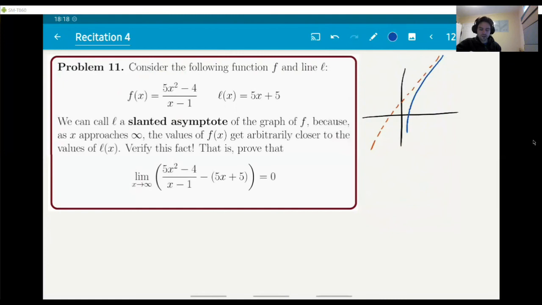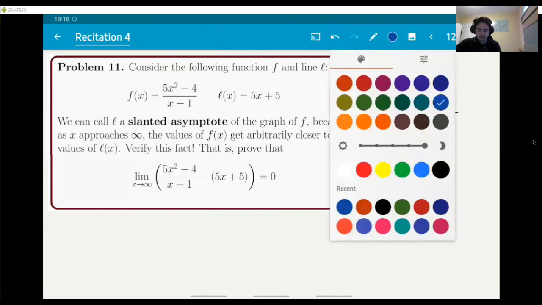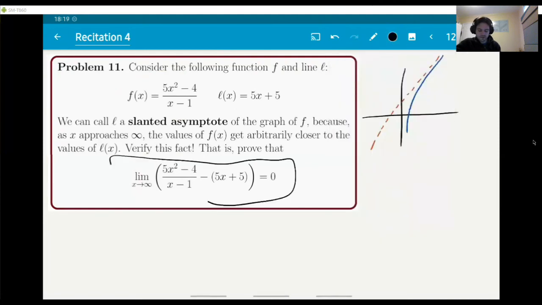They're telling us that this is true, and now they're telling us to verify this fact. What it means is this: compute this limit and see that it is a 0. Why does that make sense? Well, the limit is of f minus L. So if you're computing your function f and subtracting L from it, and you're finding a 0 in the limit, then that means that the two functions are approaching each other.